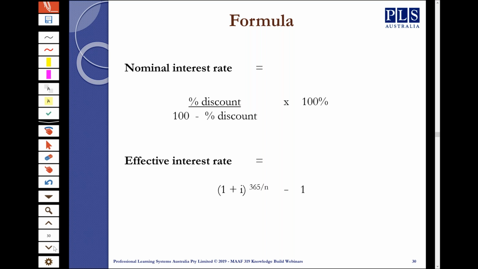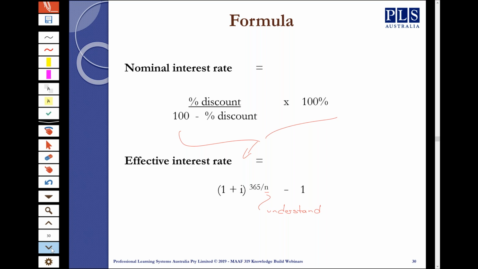You'll then take that amount you've calculated and drop it into your effective interest rate, which is 1 plus your I, that nominal interest rate, to the power of 365 on the N. Just make sure you understand how the N is calculated, and basically it's the difference: if you normally pay in 30 and you're going to pay in 7, the difference is 23. If you normally pay in 25 and you're going to pay in 35, the difference would be 10.